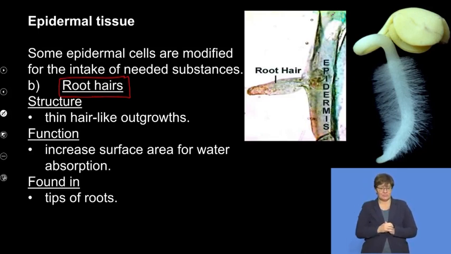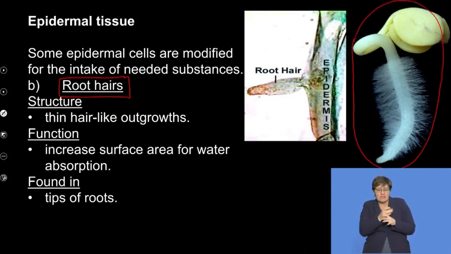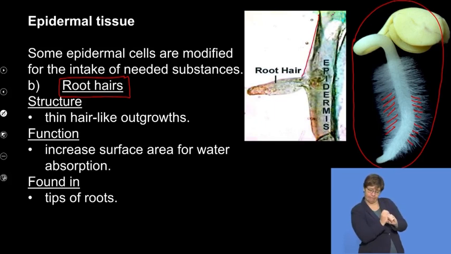This is a picture of a seed that is starting to germinate, and you can see all the thousands of little outgrowths it has, and those are all single-celled tiny root hairs. And here is an enlarged picture of a root hair. I'm outlining it in red.